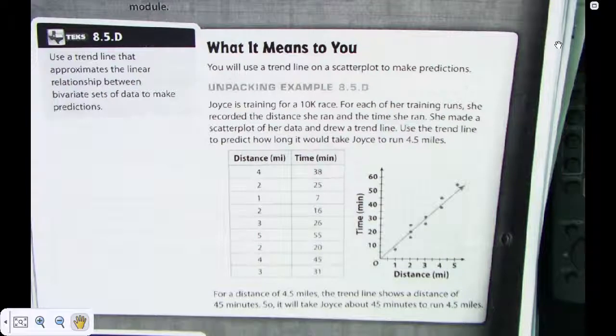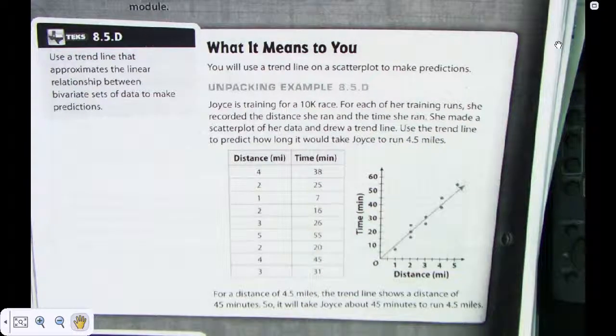For instance, if I was seeing how old you are and how many pets, do you think there's a relationship between your age and how many pets you own? Who has 0 pets? No pets at all. You and I have no pets. How old are you?